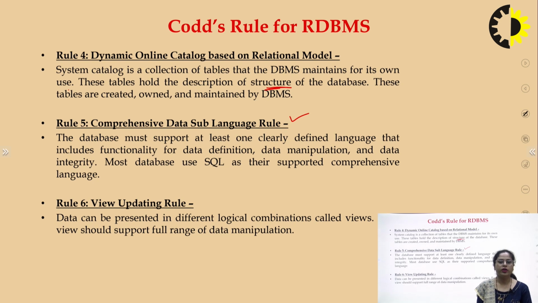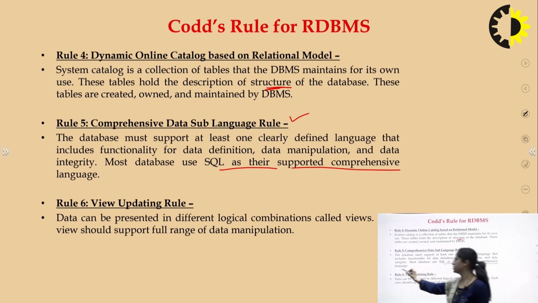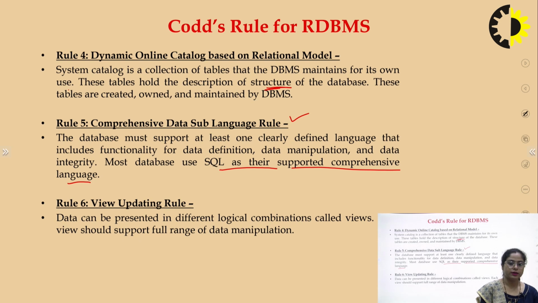For that, we are using languages like DDL and DML. Most databases use SQL as their supported comprehensive language. SQL is the Structured Query Language, which is used for data manipulation, data storing, and data integrity.